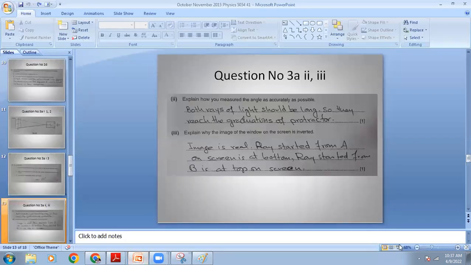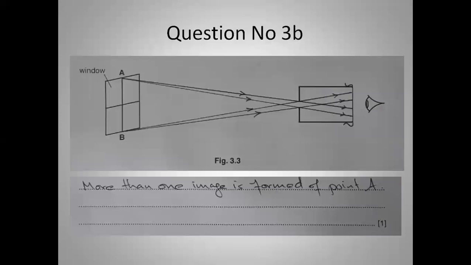You see, I have drawn this. When I started two rays, one ray started from A and touched the upper edge here, and one ray started from A and touched the lower end of that hole. So A is coming in two places, here and here. The same way, when you started the ray from B, one ray touched the upper side of this hole, and one ray touched the lower side of this hole.